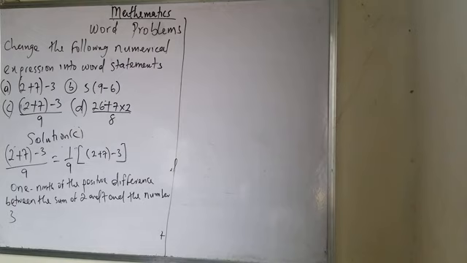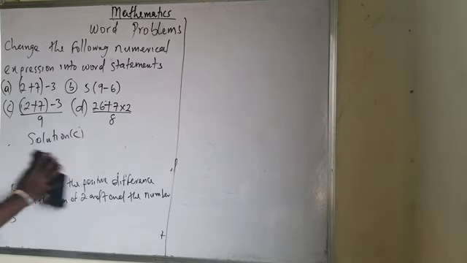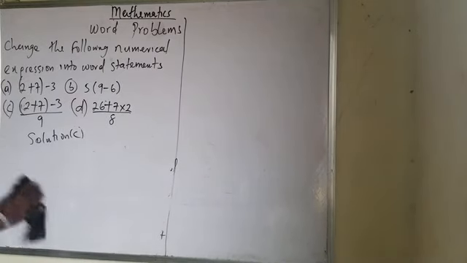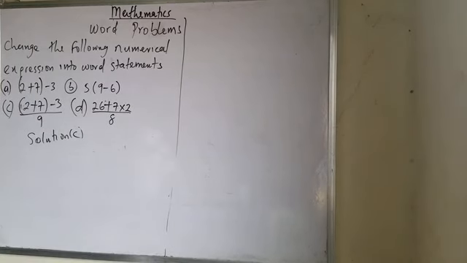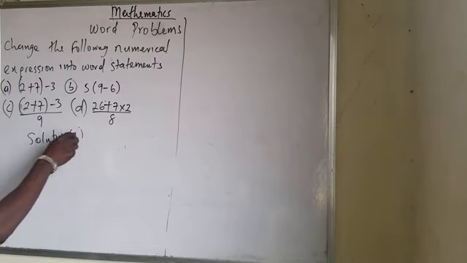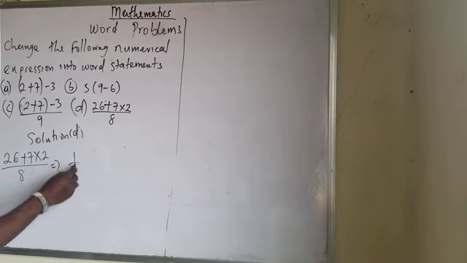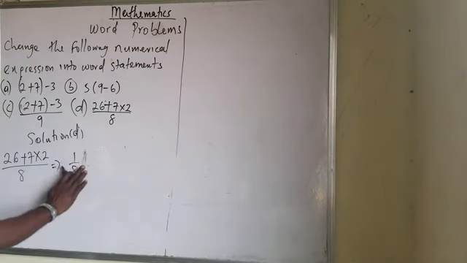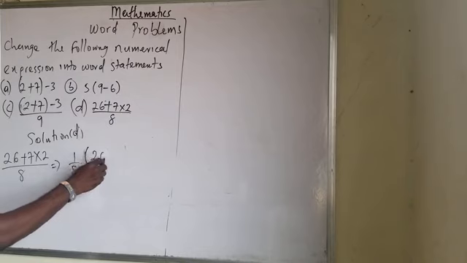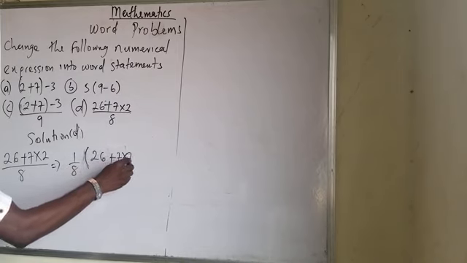Now, let me move on to the next one, which is going to be solution D, the last one of this part. D: we have 26 plus 7 multiplied by 2, divided by 8. I can as well write this as 1 all over 8, bracket of 26 plus 7 multiplied by 2.